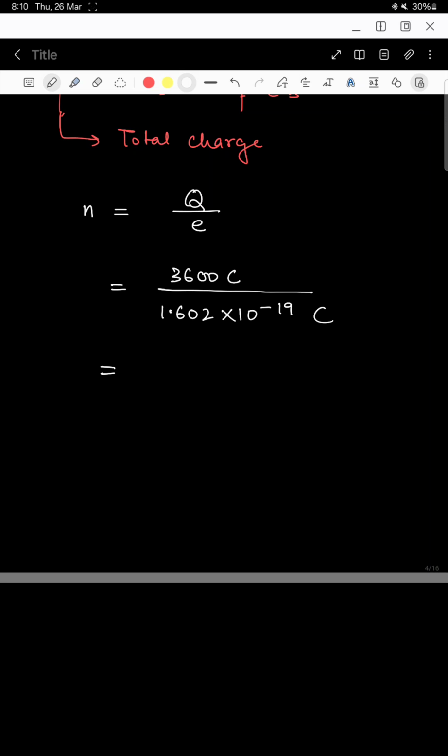Okay, so simply from here you will get the number of electrons that pass through the conductor. I will quickly calculate the answer. 3600 divided by 1.602 into 10 power minus 19. So it comes out 2.247 multiplied by 10 power 19 electrons.